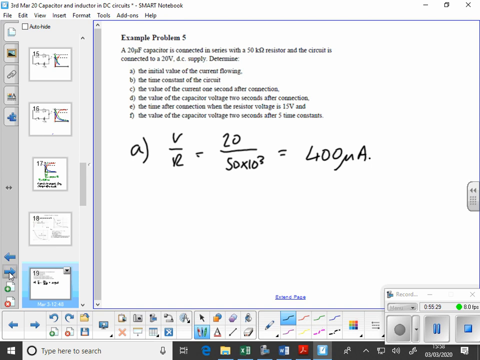So B, time constant: tau is equal to C times R. That's 20 times 10 to the minus 6 times 50 times 10 to the 3.